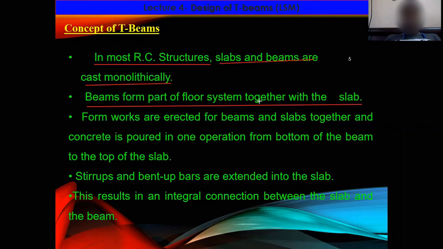As usual, if you observe any structure, you just see the top of the floor, and you can see the beams below the slab. Formwork is erected for the beams and the slabs together, and concrete is poured in one operation from the bottom of the beam to the top of the slab.